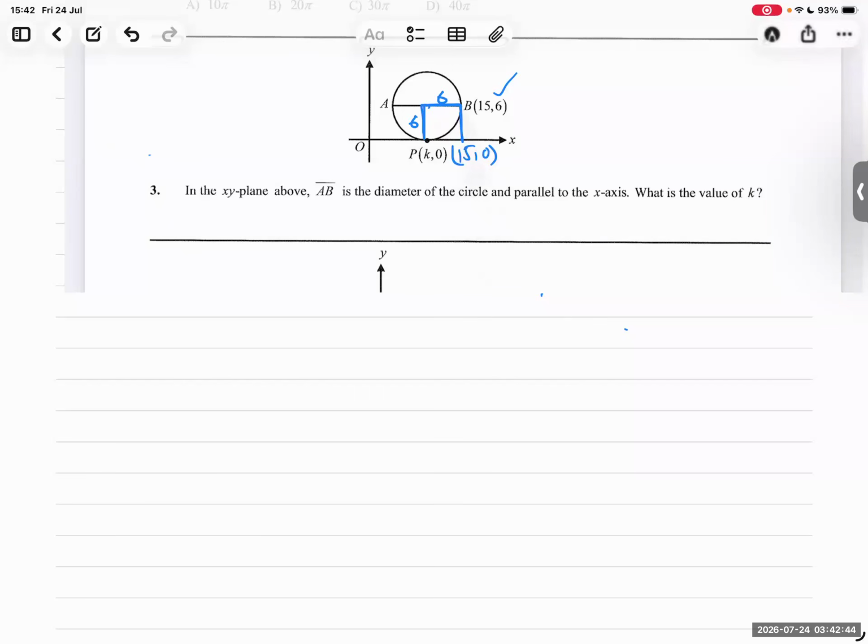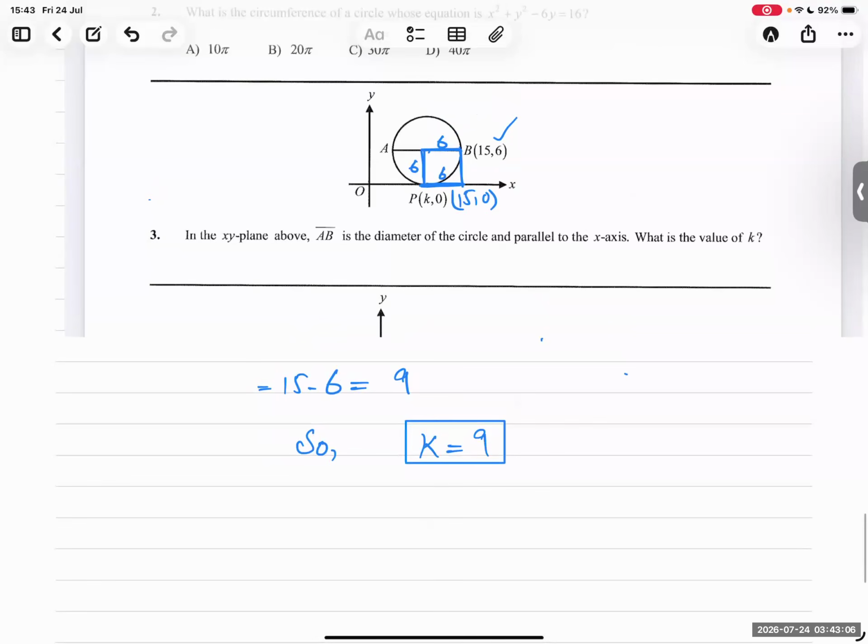That is 15, 6. So we have k, that is 6. 15 minus 6 would give us k value, okay? Because this distance is also 6. So 15 minus 6, that is equal to 9. So the value of k has to be 9. Is it clear?